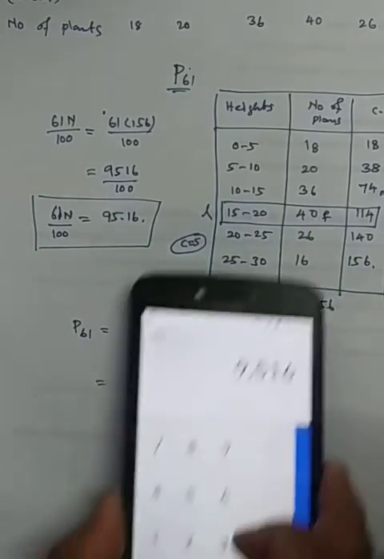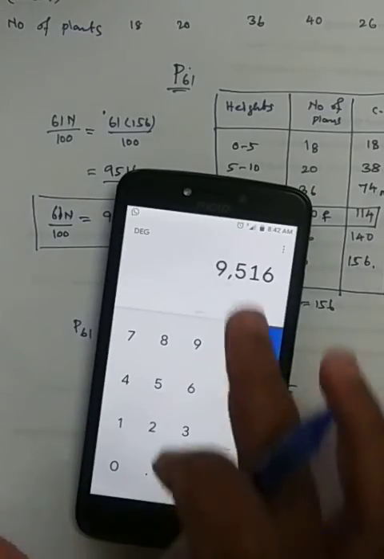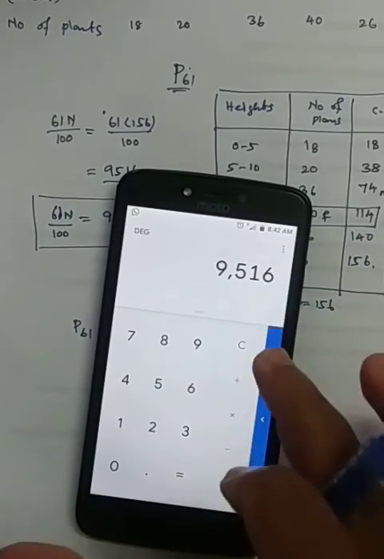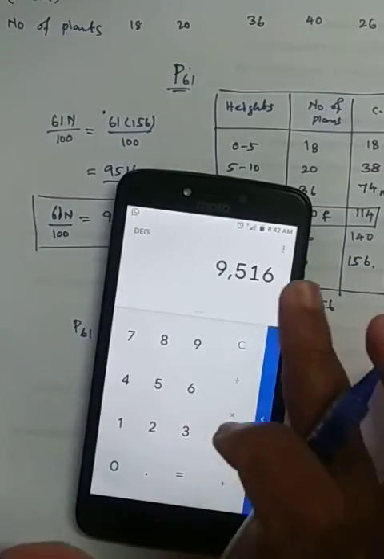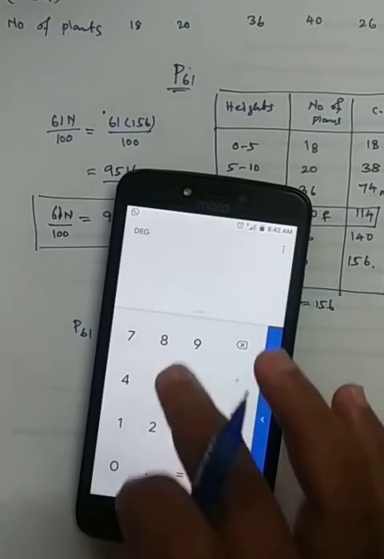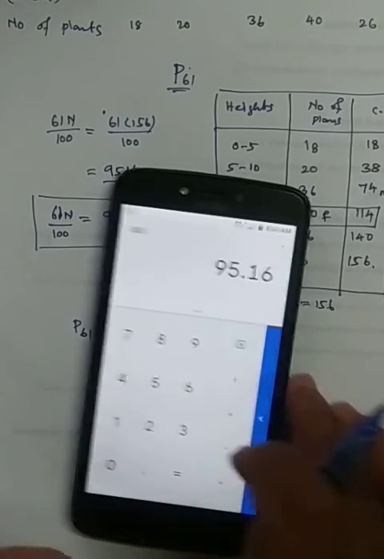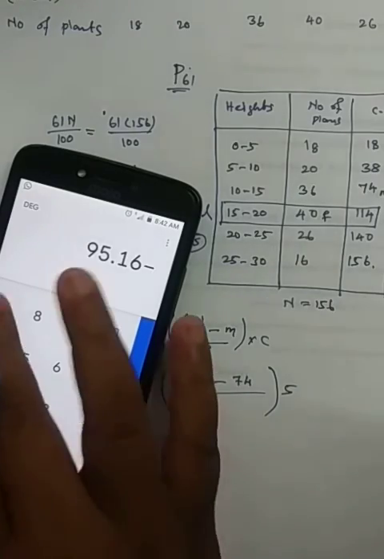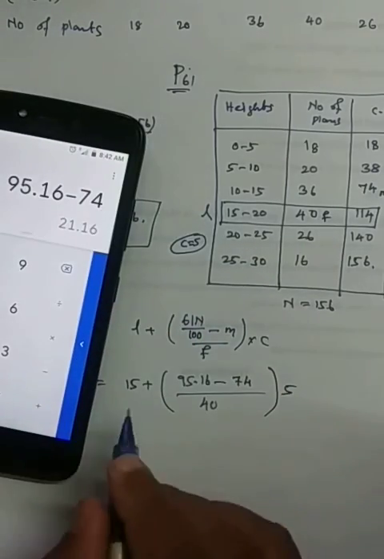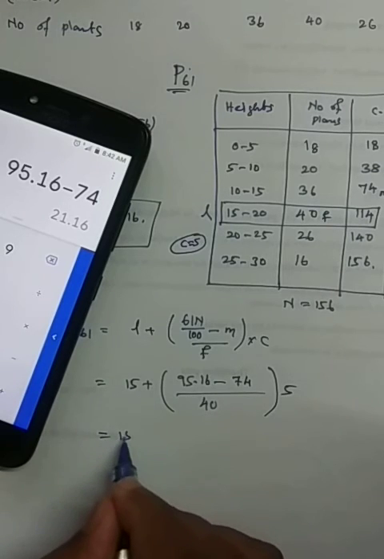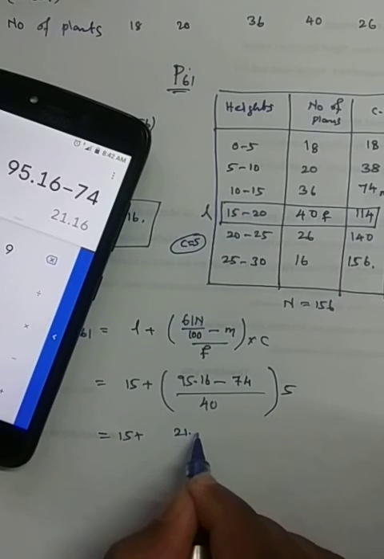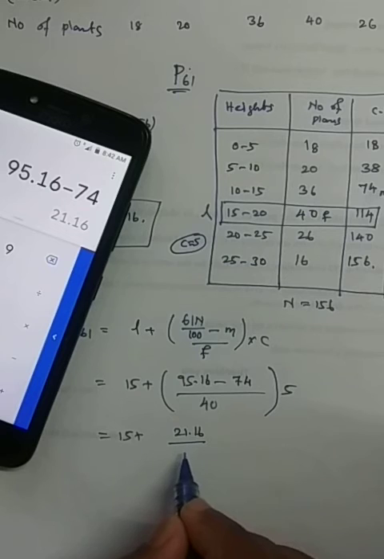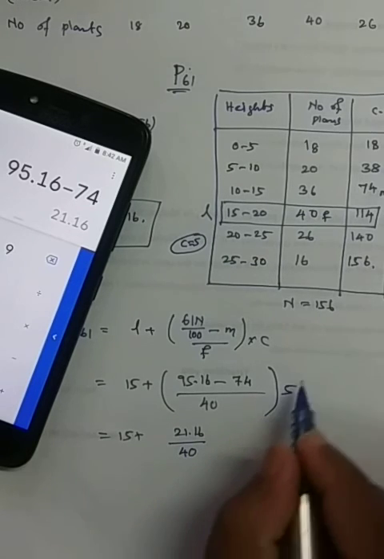For understanding purposes I will do this one. 95.16 minus 74 gives 21.16. So 15 plus 21.16 divided by 40 into 5.